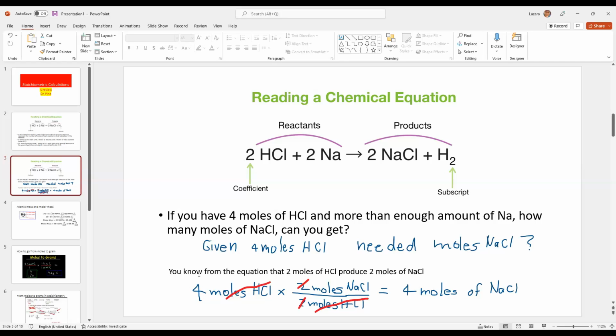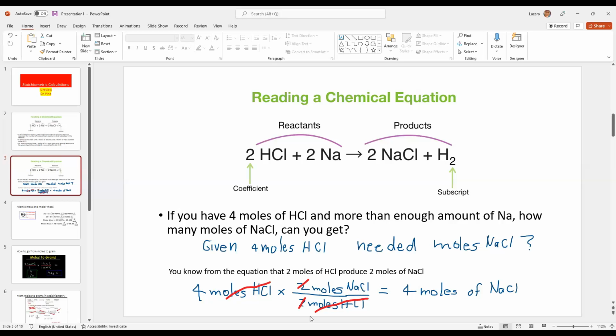So you begin by what is given, 4 moles of hydrochloric acid. And from the chemical equation, you get this ratio: 2 moles of sodium chloride are produced from 2 moles of hydrochloric acid. Why do I write moles of hydrochloric acid down in such a way?